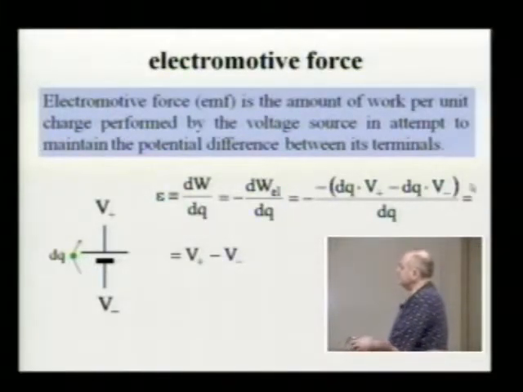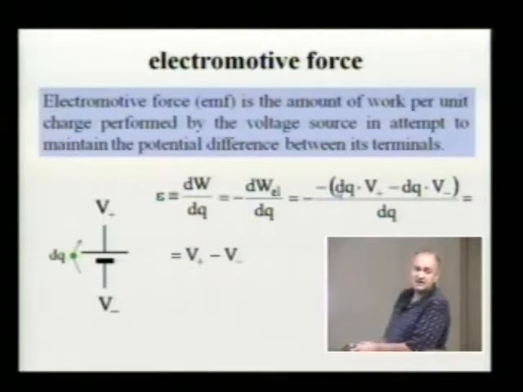So what I got over here is the change in potential energy of this charge Q when it was moved from the bottom to the top. Well, and it is the electrical work. This minus with this minus cancels, and dq cancels, and I'm getting V plus minus V minus.